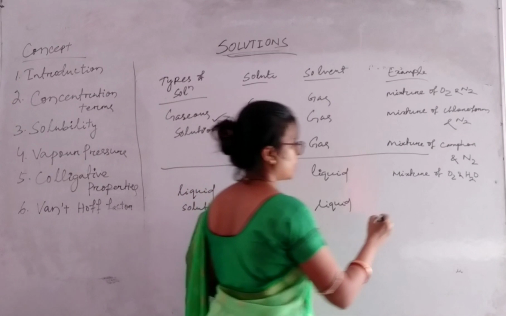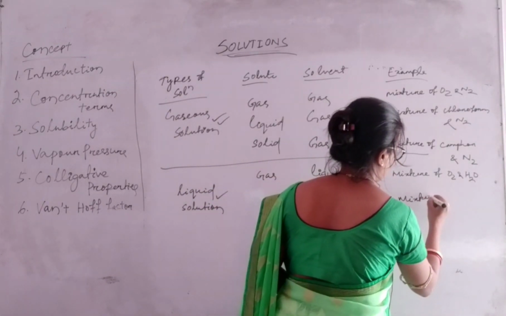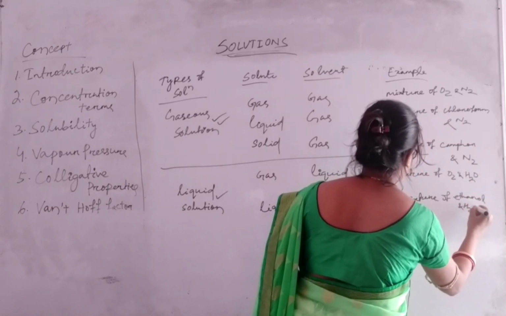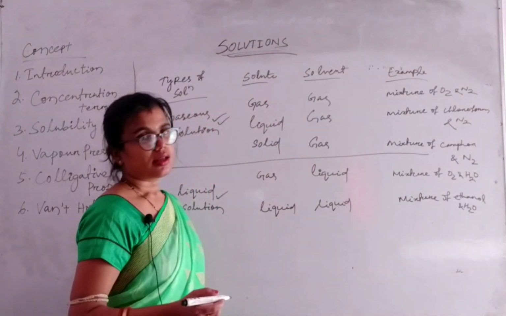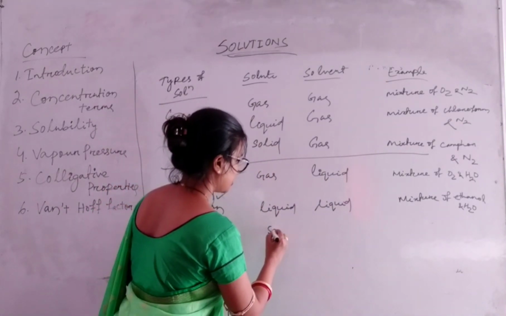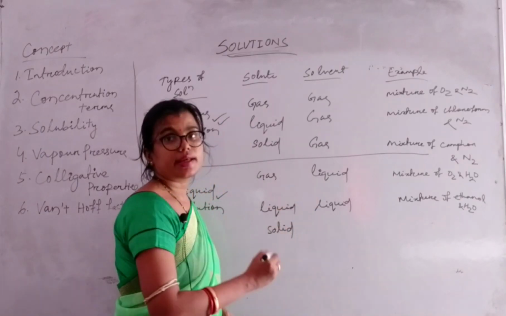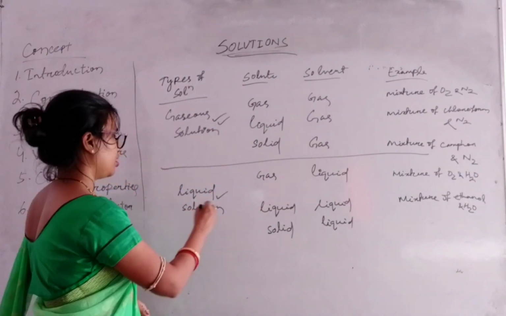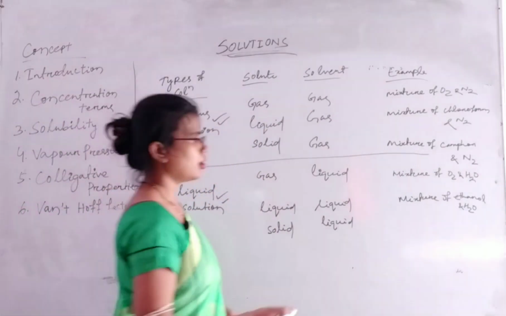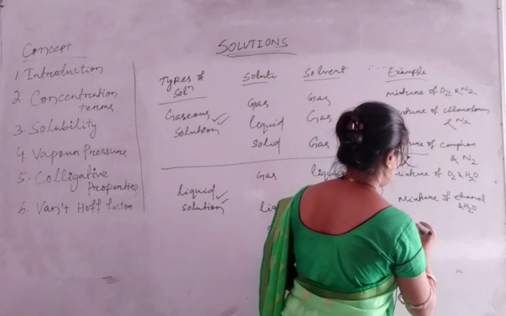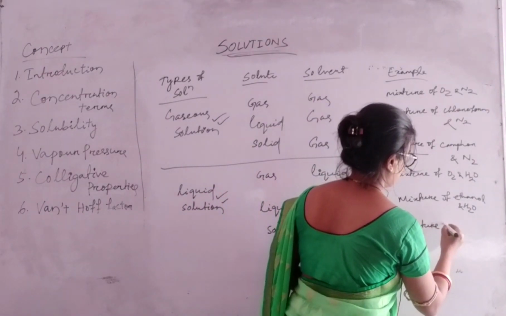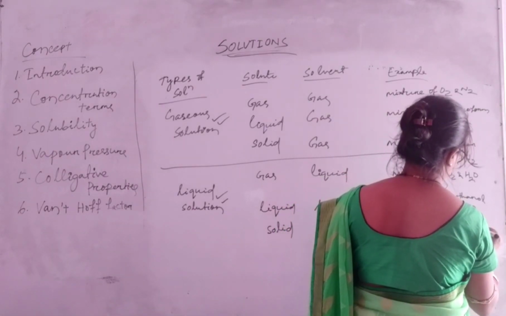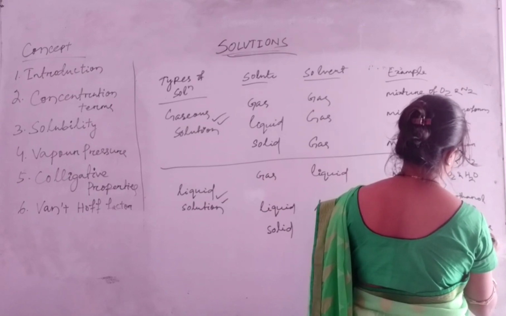For example, a mixture of ethanol and water. Where solute is solid and solvent is liquid, then the solution is called a liquid solution. For example, a mixture of sucrose and water.